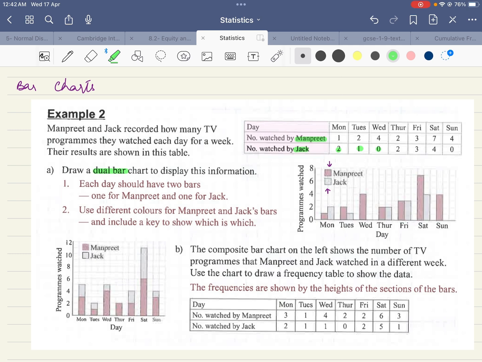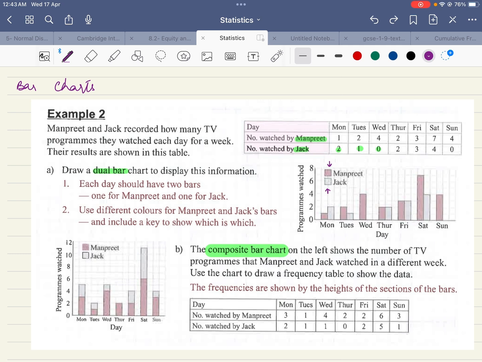Then we can have a composite bar chart. Composite bar chart means that you show the data on the same bar, but you have to differentiate using different colors. Again, pink is for Manpreet and white is for Jack. So how do we draw the composite bar chart?